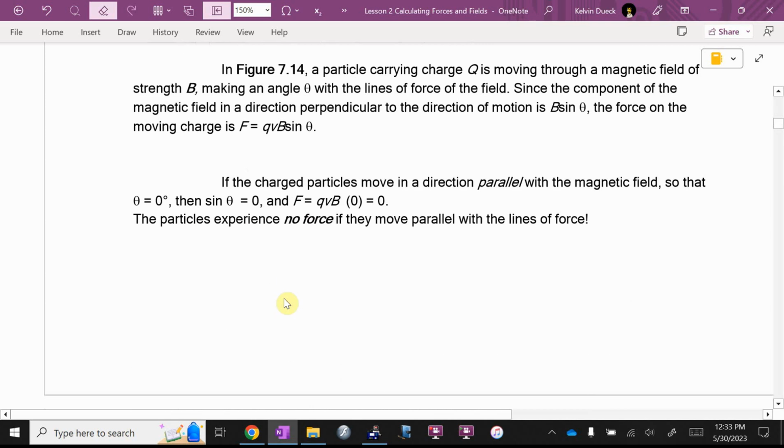But here's what I do want you to notice. If F equals QVB sine theta, what if the field and the charge are parallel? If they're parallel to each other, what's the angle between them exactly in degrees? Be obvious. 0 degrees. What's the sine of 0 on your calculator?